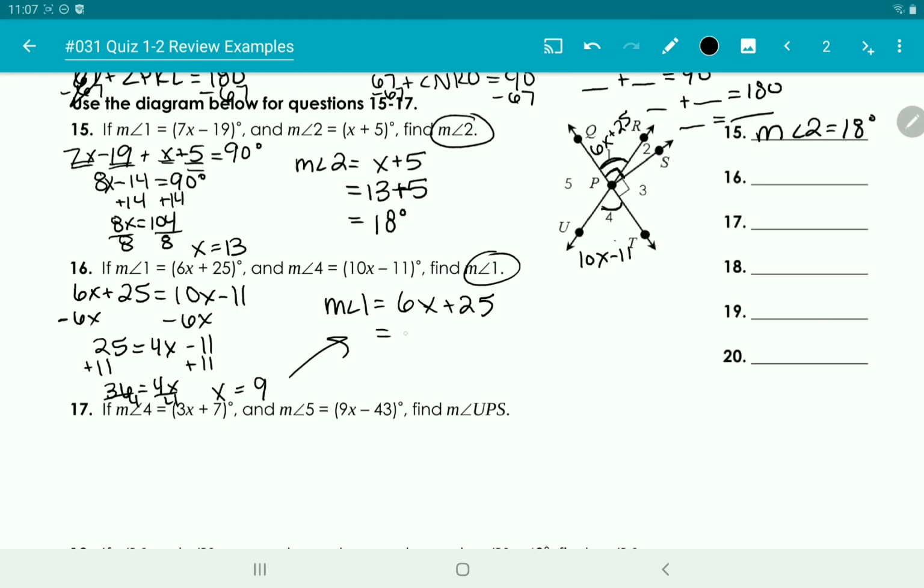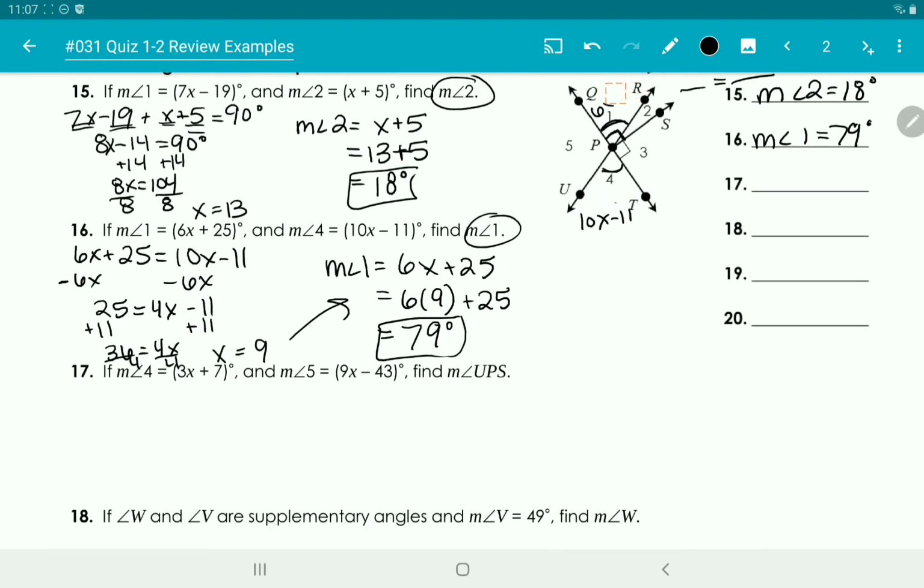We will plug in 9 for x, so it's going to be 6 times 9 plus 25. And if you type that into a calculator, you're going to get 79 degrees as your answer. And so over here you can write measure of angle 1 is 79 degrees.